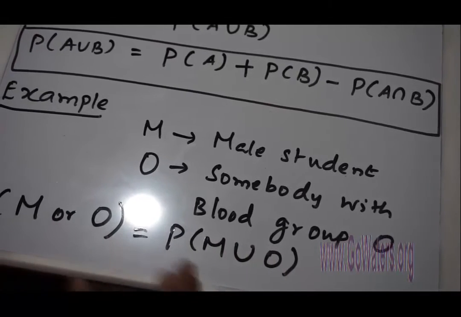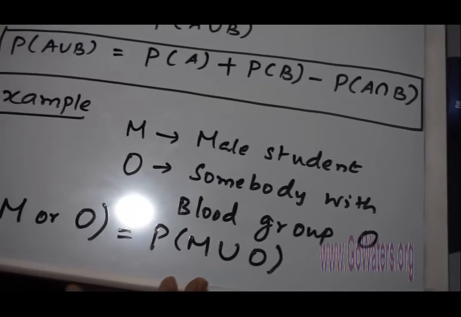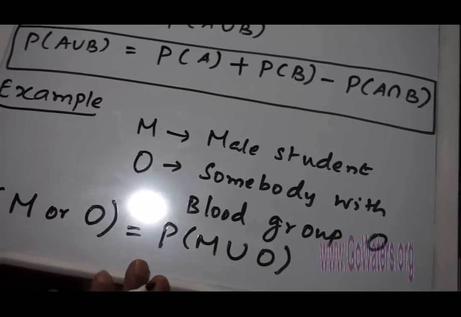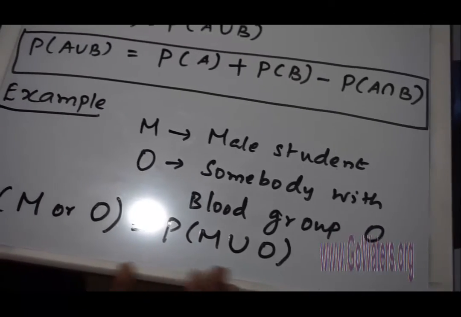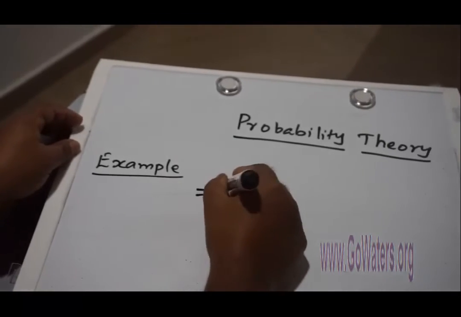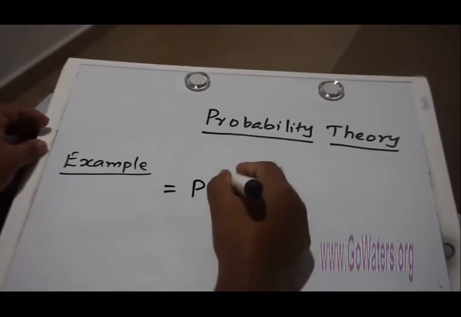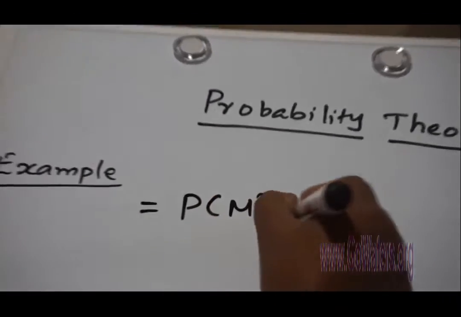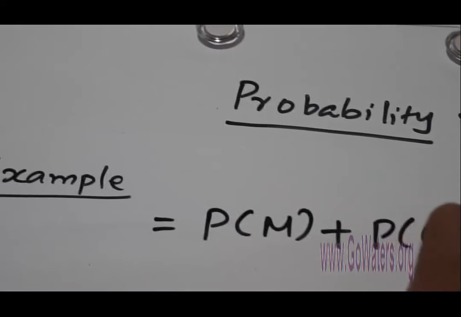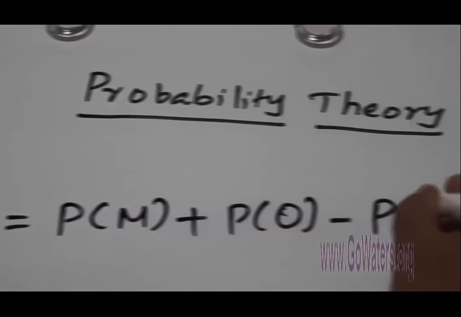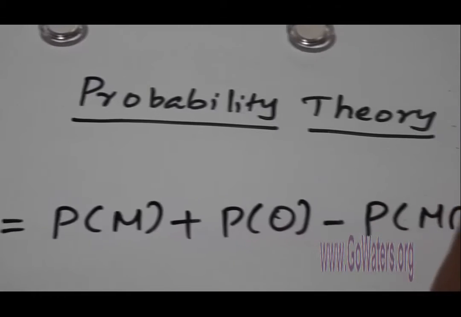Okay, so these two are non-mutually exclusive. So when you find the addition rule of this, it equals probability of M plus probability of O minus probability of M intersection O.